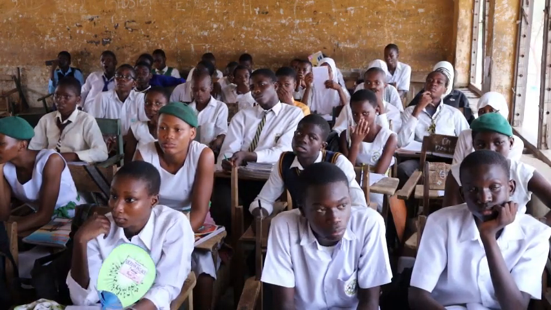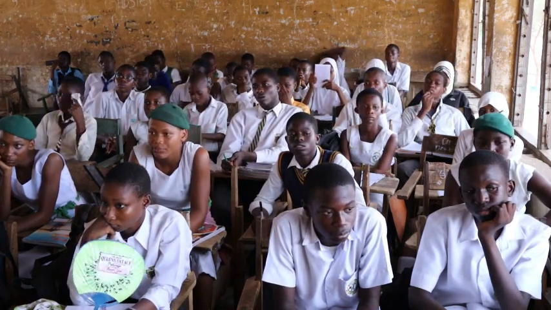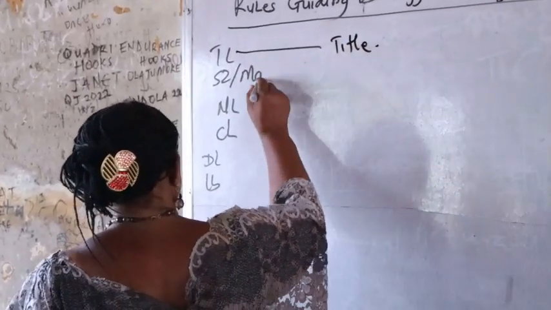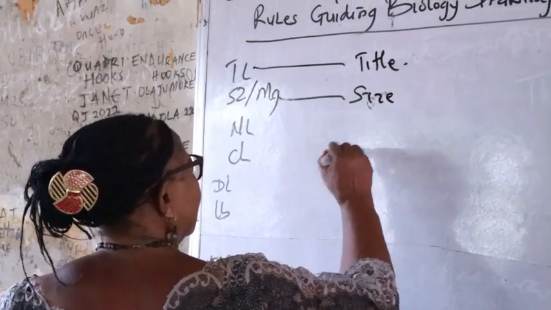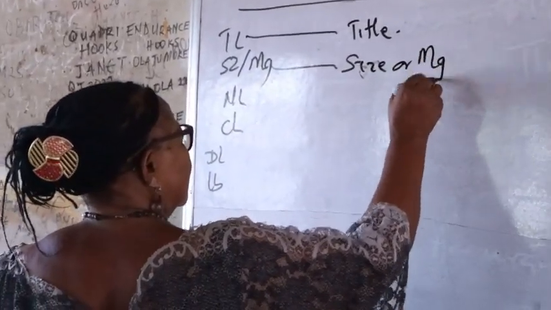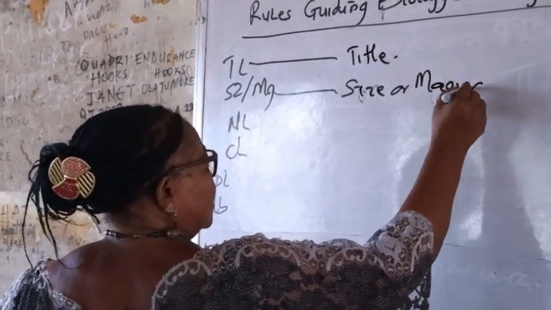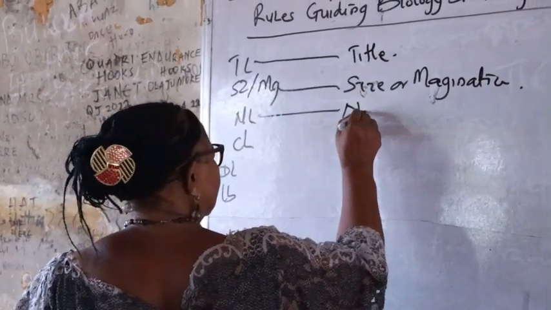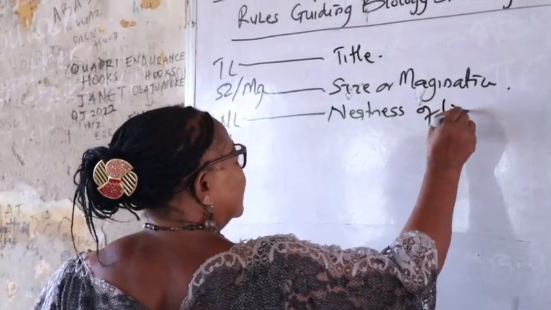So last week we started discussing this, the rules guide. We mentioned that this one had to be, is for what? Guide. This one had to do with the size or magnification. Am I correct? Yes. And this had to do with the neatness of lines.